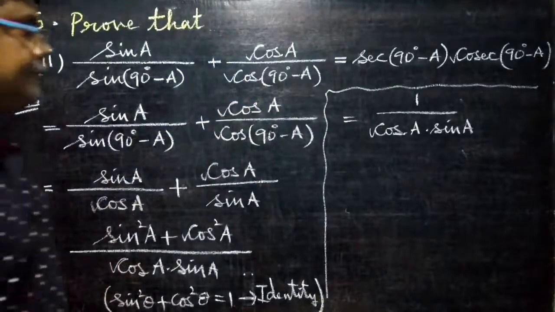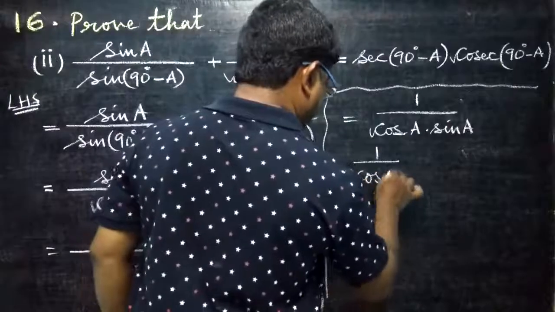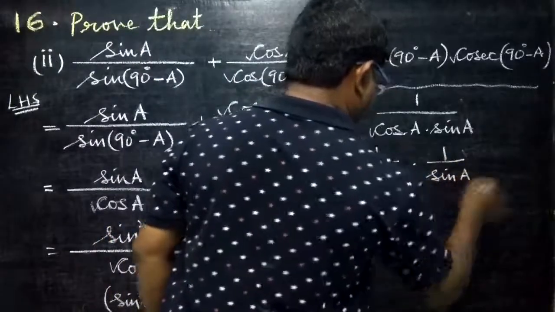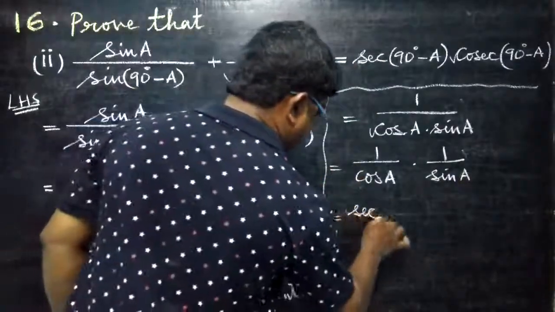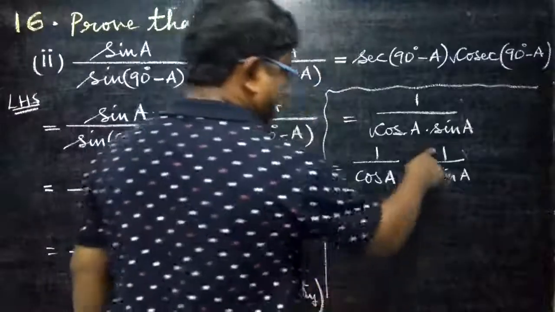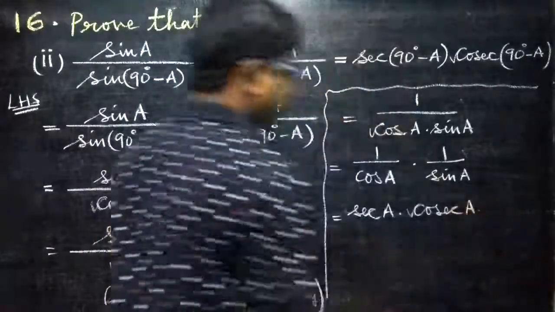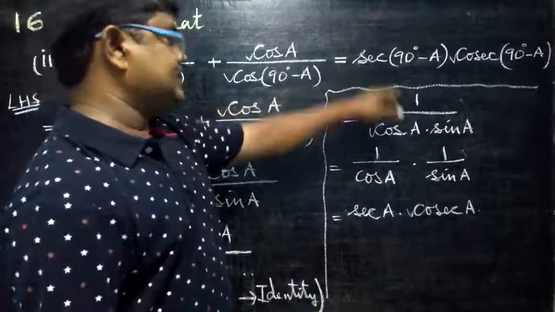This is the identity. Now separate 1 by cos A into 1 by sin A. We can write it like this, as a multiplication. 1 by cos we know is secant A. Secant A into 1 by sin, which is cosecant A. But see, the left hand side answer and the right hand side answer are in a different way.